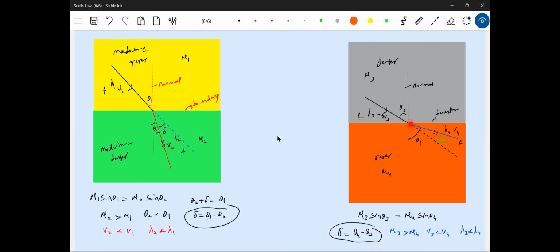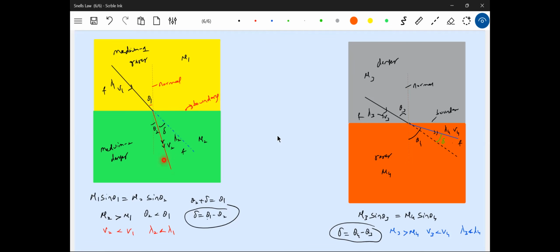Now, why does the ray of light bend? As already told, the light wants to move from A to B. It could have gone straight, so why does it not traverse straight? It has to move from A to B in the shortest time, so the light will bend here. It will move more in the rarer medium than in the denser medium.